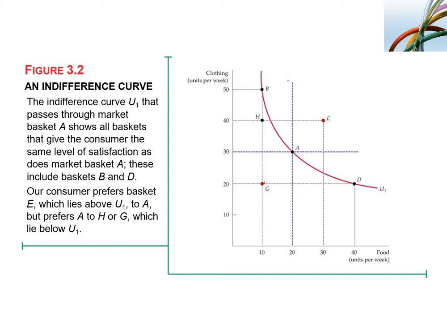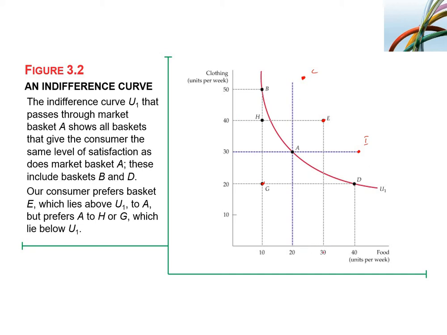So consider that there is another point here which we are saying, for example, C, ठीक है, and there is another point here which is, for example, I, ठीक है, and we are saying that at point C, what is happening? Almost 22 of food is available in this particular market basket, and 55 of clothing is available in this particular market basket, ठीक है, and E के अंदर क्या है, 40 units of clothing and 30 units of food.